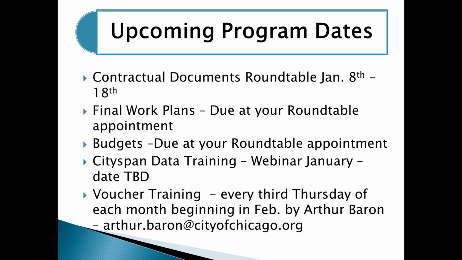Please make sure that you are here on your particular assigned date and appointment. The appointments are set up almost like 5 or 10 minutes apart. So if you have worked with Karen and worked with Caesar over the next 2 weeks, and they approve your documents, you bring in the final document. When you bring in that final document, please make sure that you bring in the original signed sheet that's on your work plan, and I will go through that, show you that signature page shortly.